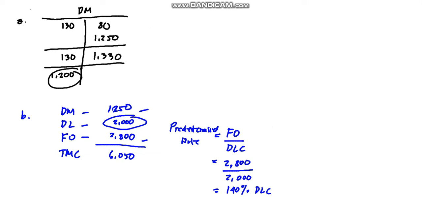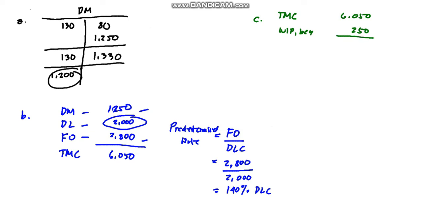So how about we go to the third one? Compute the cost of goods manufactured for the past year. Since we already have our TMC, total manufacturing cost is 6,050. We also have our work in process beginning of 250.